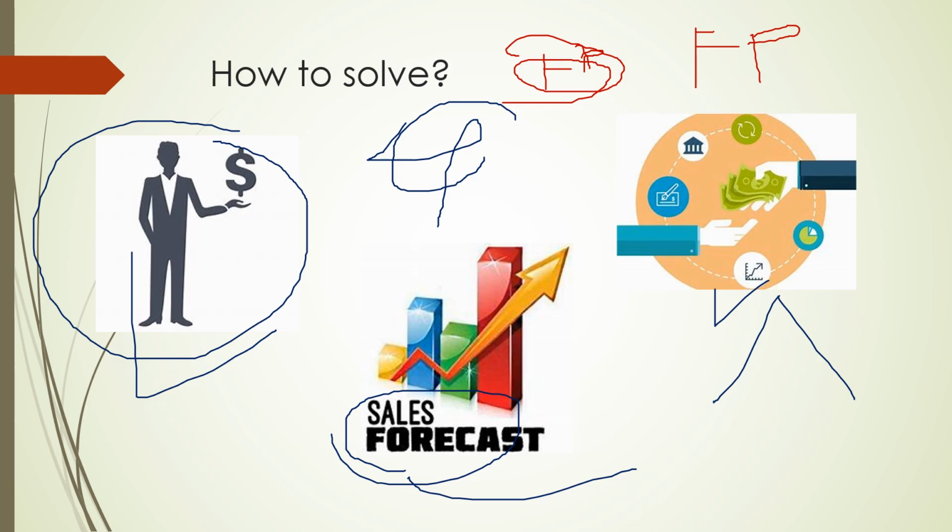It includes identifying the sources from where the funds can be raised, and ensuring that the required funds are available as per the requirements. It is also said in financial planning that proper utilization should be there. There should not be surplus or inadequate funds. Everything is included in financial planning.